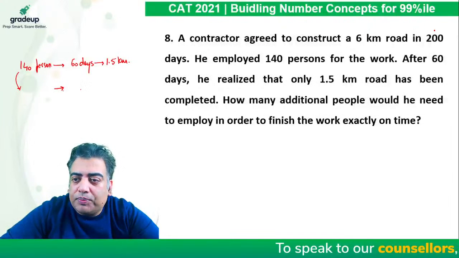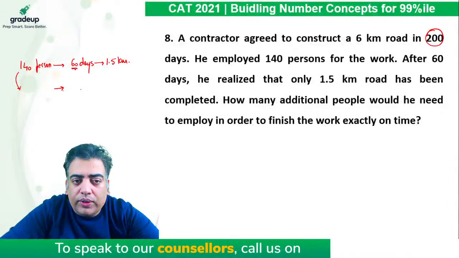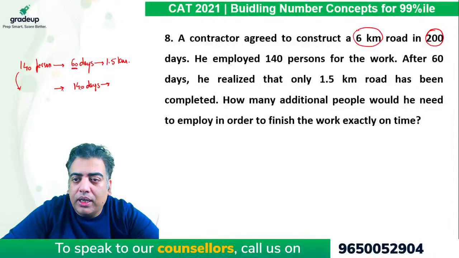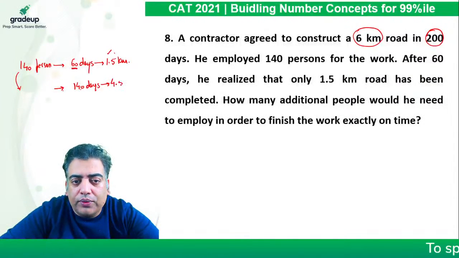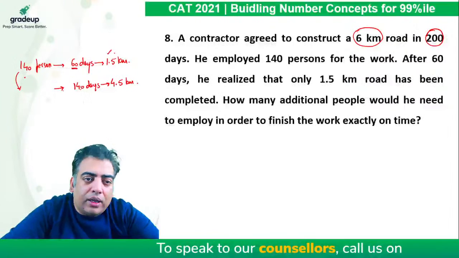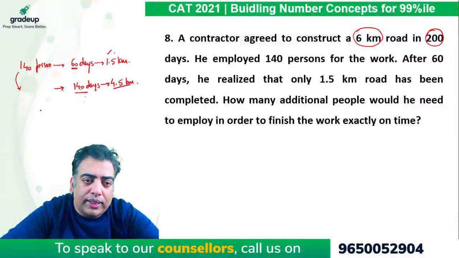He was expecting to complete the work in 200 days. 60 days are over, leftover days are 140. Total road to be built is 6 kilometer, out of which 1.5 kilometer of the job is done. Leftover road is 4.5 kilometer. Now we are required the number of people required to make this much of road in 140 days.